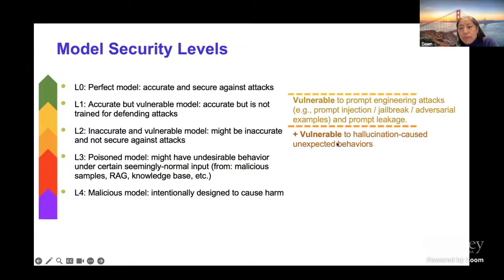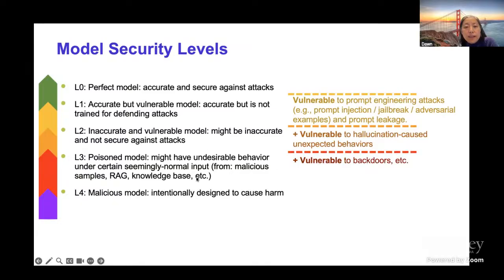So in this case, in addition to the safety and security issues mentioned above, the model is also vulnerable to misbehaviors such as hallucination-caused unexpected behaviors as well.